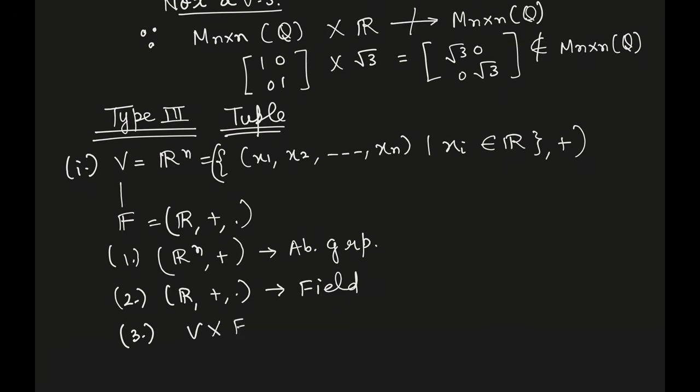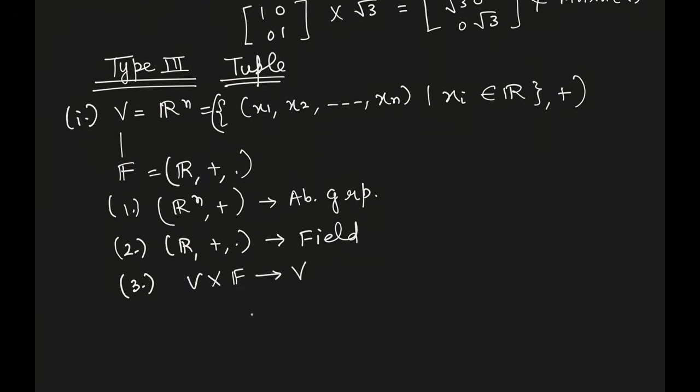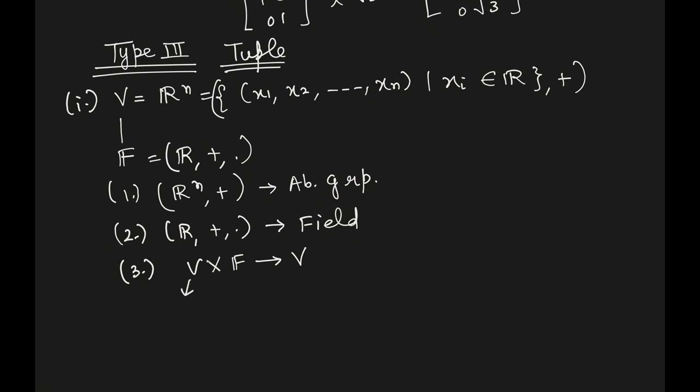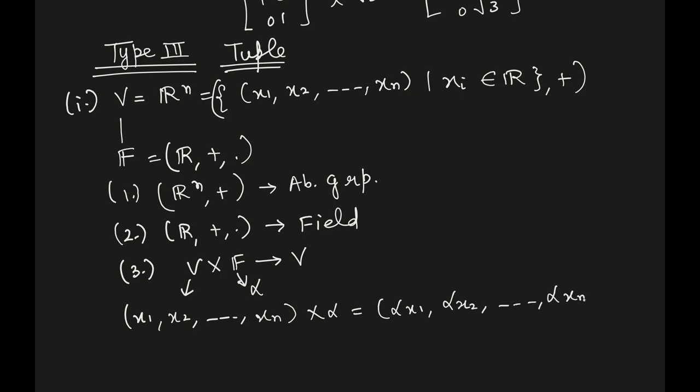V cross F should go to V. So elements of V are of the type n tuple x1, x2, so on till xn. If I take the scalar as alpha, this will be alpha x1, alpha x2, so on till alpha xn, and this belongs to the vector space R n.